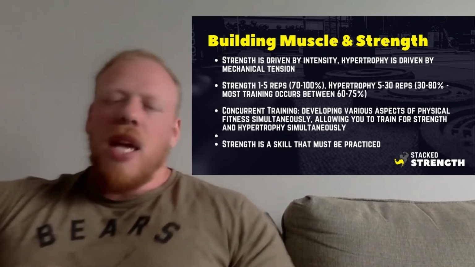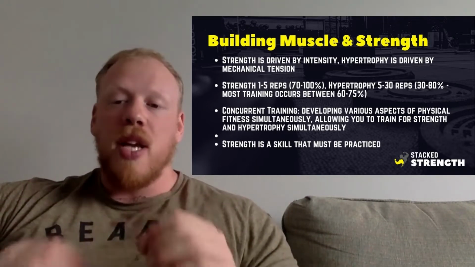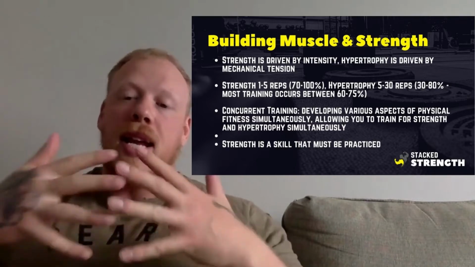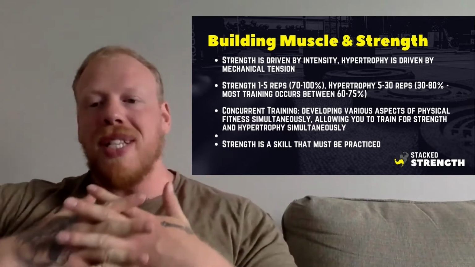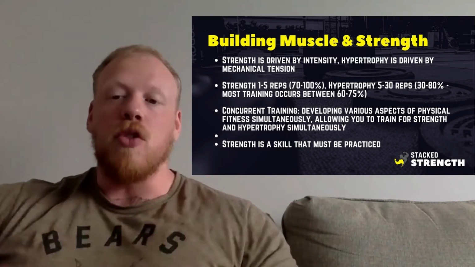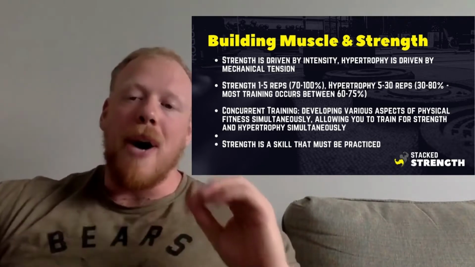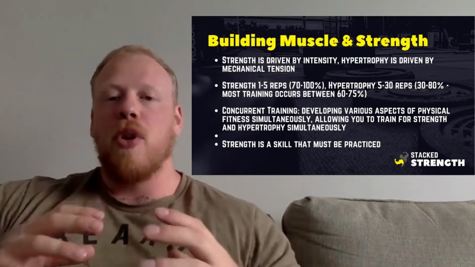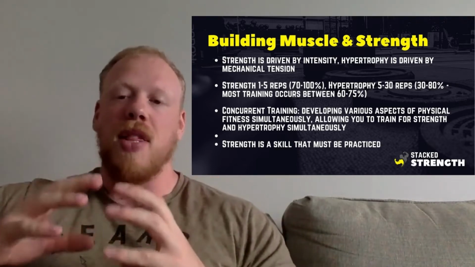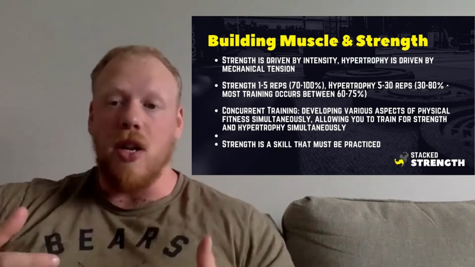Now, it's really important to understand that strength and hypertrophy, although they are related and there is overlap, are also distinct training adaptations. So strength is a neurological adaptation. It's driven primarily by intensity. And hypertrophy is more so driven by things like volume and primarily mechanical tension.